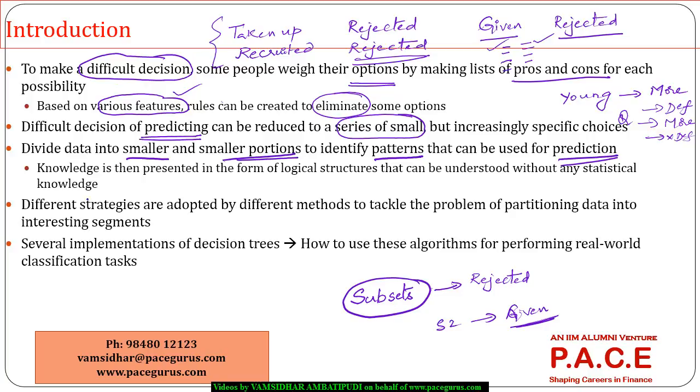So the knowledge that I am gaining through these various subsets, I am putting in the form of logical structures. Okay, this subset is nothing but people with age greater than 50 who have taken a loan of more than 5 million. So probably this is a simple structure. A person is having an age greater than 50 and a loan amount greater than 5 million. That is the subset of these people.